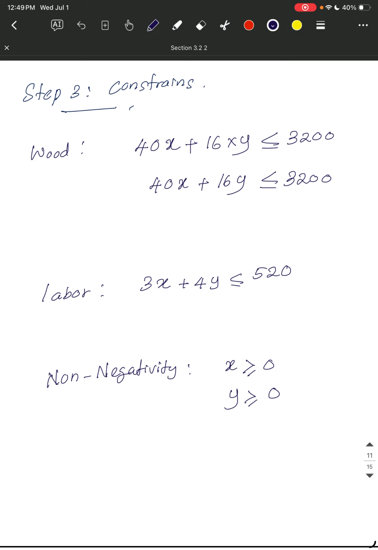The wood available tells us it cannot exceed the 3200 available value. The labor hours says it cannot exceed the available labor hours 520. Also, we know that the number of tables and number of chairs cannot be negative. Therefore, the non-negativity constraints: all the decision variables are non-negative.